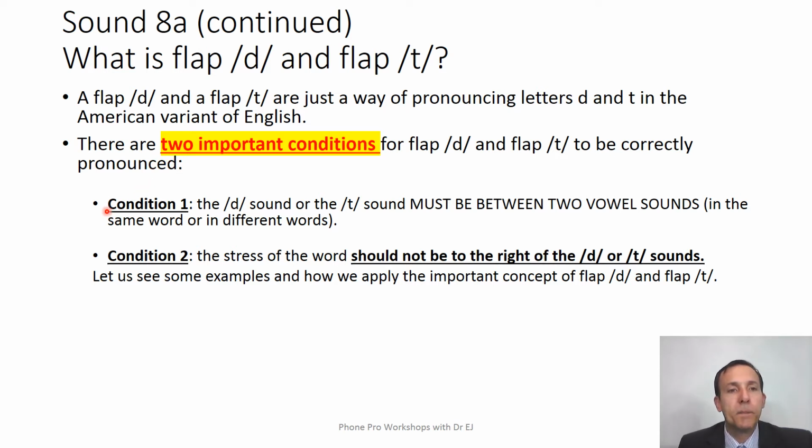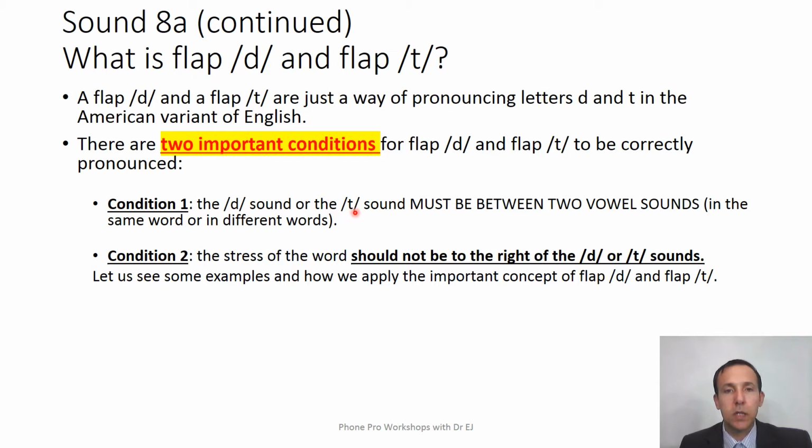So here we go. Condition number one. The D sound or the T sound must, this is extremely important, must be between two vowel sounds in the same word or in different words.